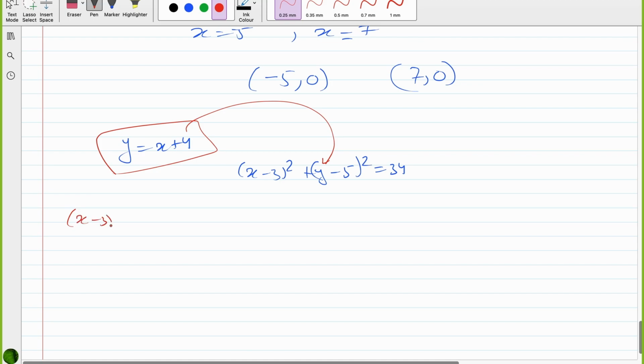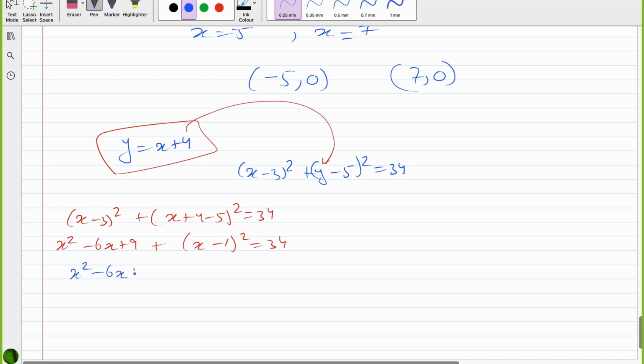So x minus 3 whole squared plus, in place of y I am writing x plus 4 minus 5 whole square equals 34. Now this is a square minus 2ab plus b square, and this will become x minus 1 whole square is equal to 34.